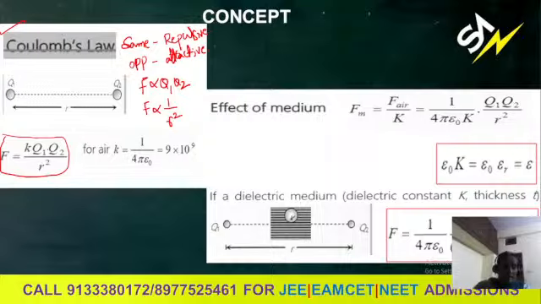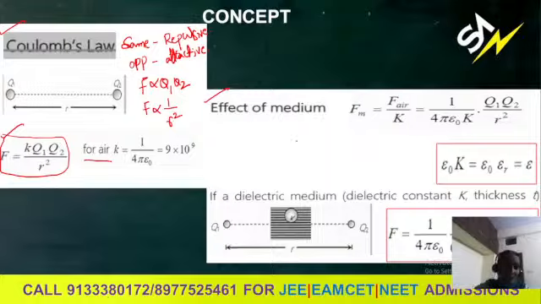And in this equation, k is nothing but 1 by 4 pi epsilon naught. And this formula is for charges with no medium present, which means air. So that k value we can take as 1 by 4 pi epsilon naught, which is equal to 9 into 10 power 9. In case a medium is present between the charges, the force will definitely be affected.